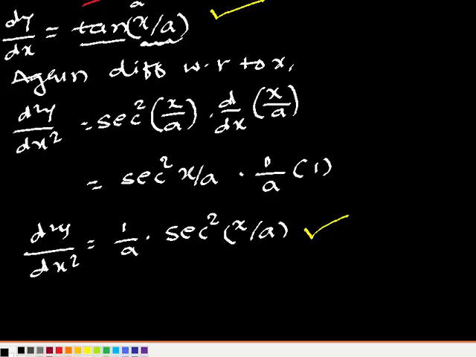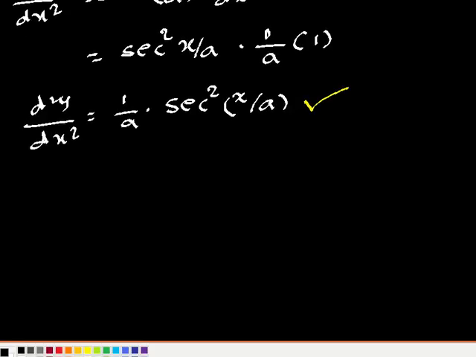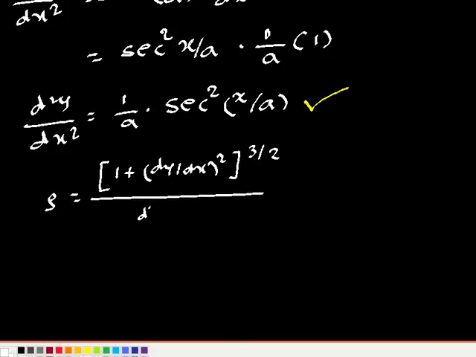Let us use the formula of the radius of curvature. Rho is equal to 1 plus dy by dx whole square, raised to 3 by 2, in the numerator, and in the denominator d2y by dx square.